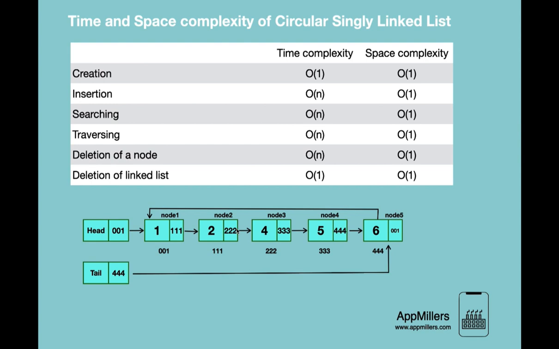So in the worst case this takes O(n) time complexity because the value might be at the end of the list. The space complexity is O(1) because additional memory is not required.